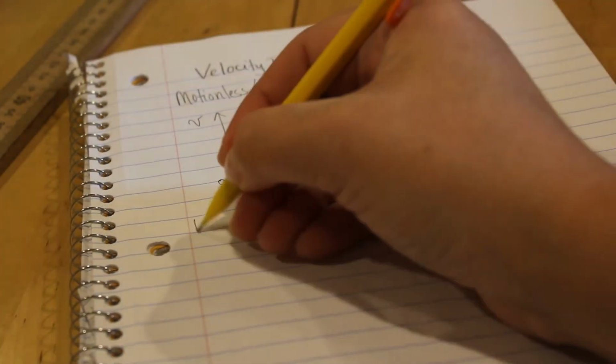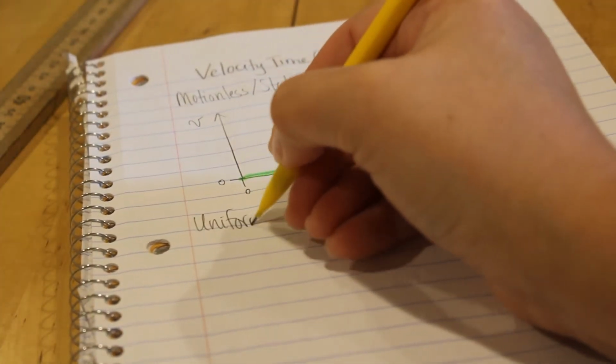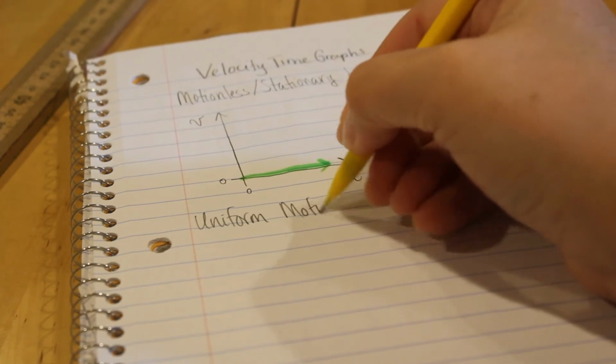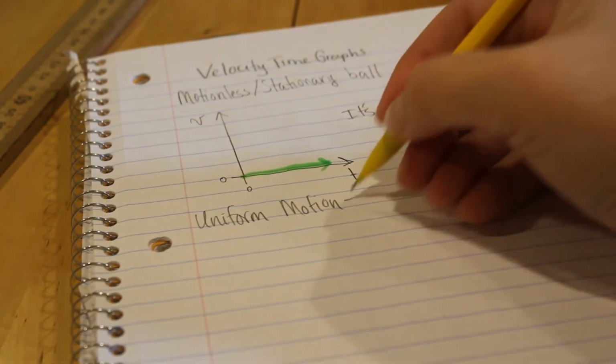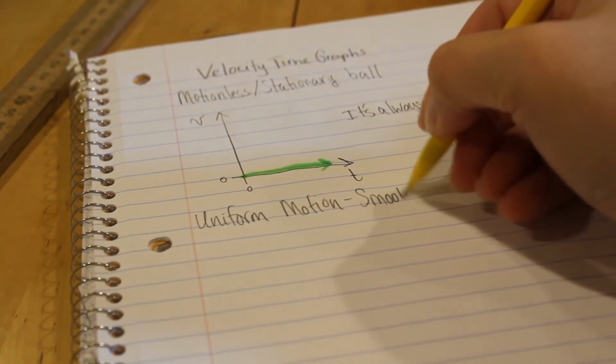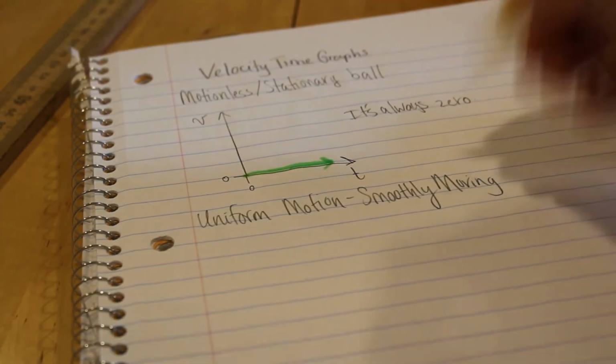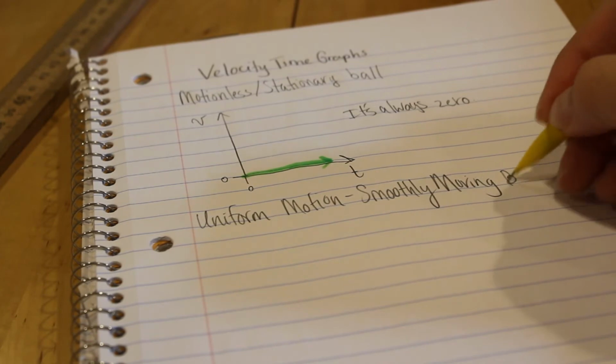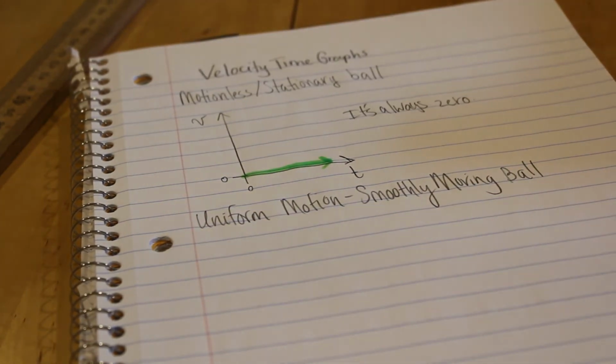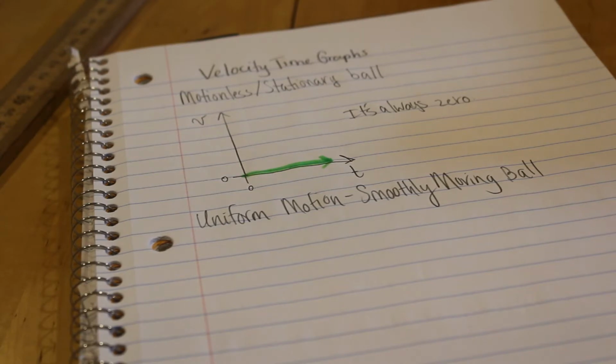Okay. So what happens when we move into uniform motion, and that would be our smoothly moving ball, right? So we have uniform motion. So with our smoothly moving ball, if we took Janet and we are going to have her at 50 centimeters at rest, but then I give her a nice little smooth push.